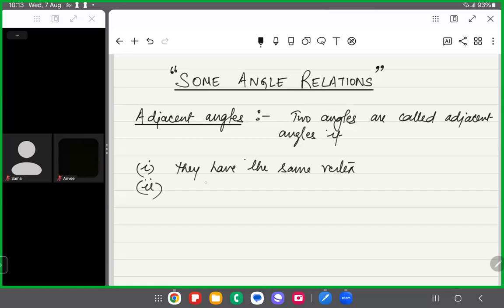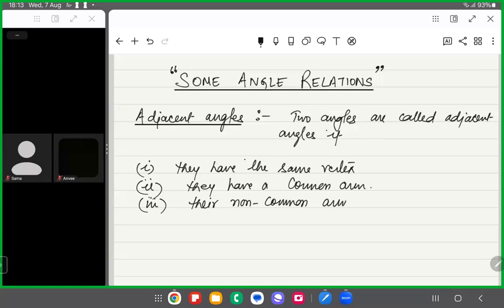Secondly, they have a common arm, meaning one arm is common. And the third, their non-common arms are on either side of the common arm.